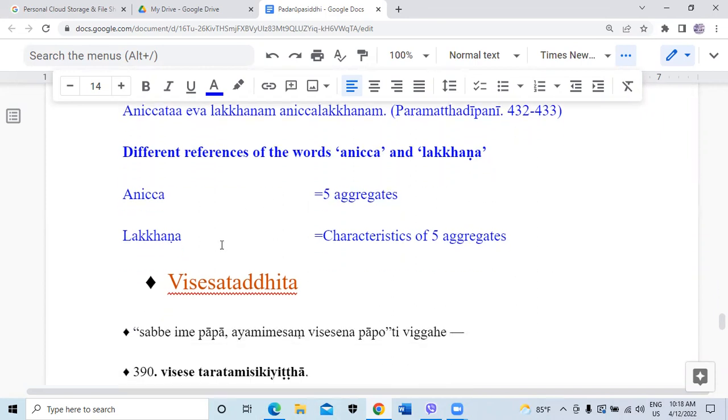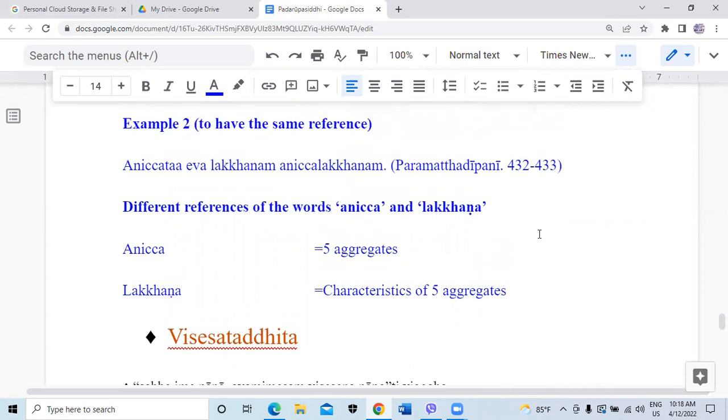So lakkhana, what is lakkhana? Characteristics of the five aggregates. Aniccata eva lakkhana, anicca lakkhana.